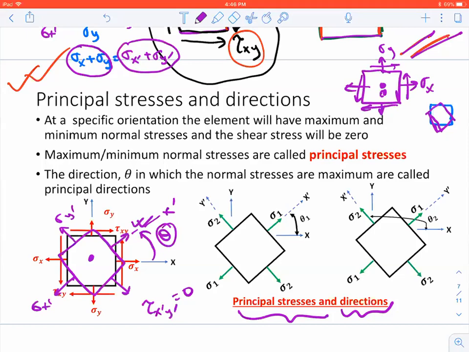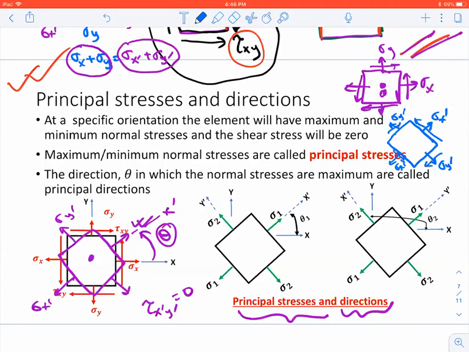All right, so when I rotate it, it looks something like this. This is sigma x prime, sigma y prime, and now you have your shear stresses.